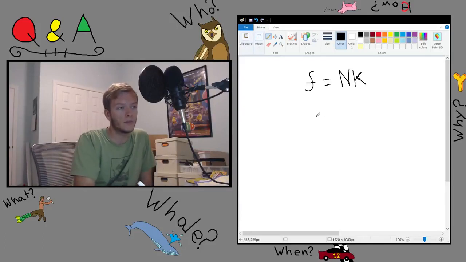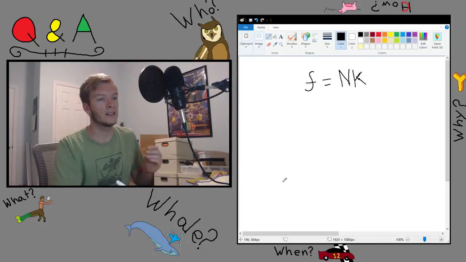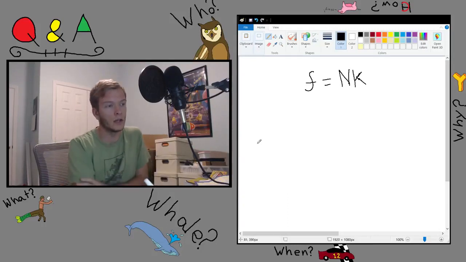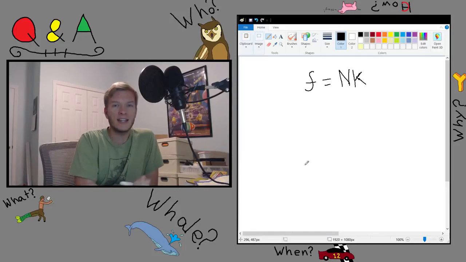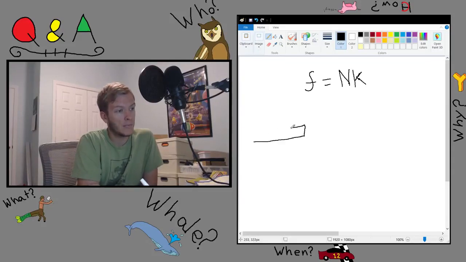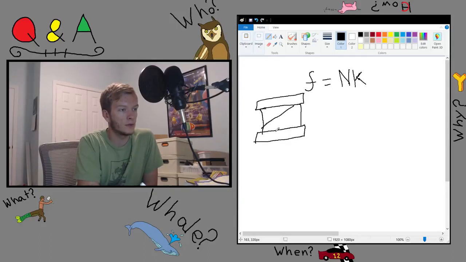So with friction, there are two different scenarios that are the main scenarios we come across. To get an idea for this, we really have to see what's happening on a micro scale. So if we have, per se, a box that we are trying to slide across a surface, and I'm just going to garnish this box slightly so that we can color it in and make it look nice.